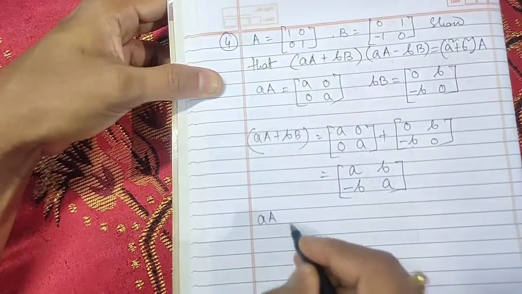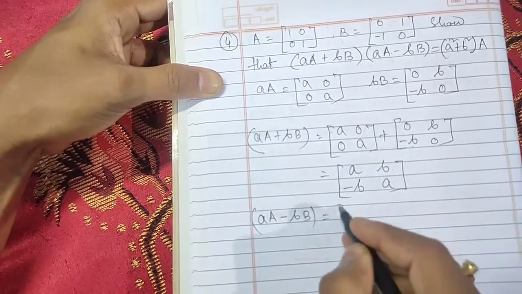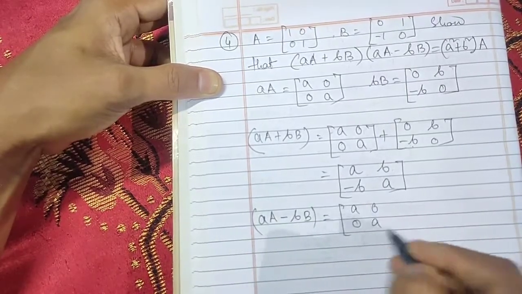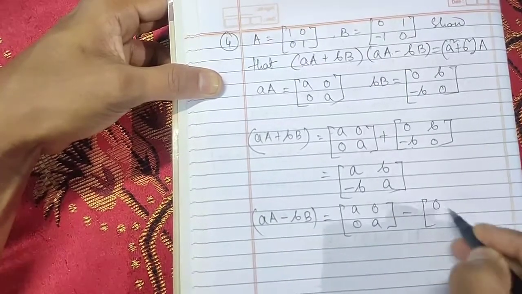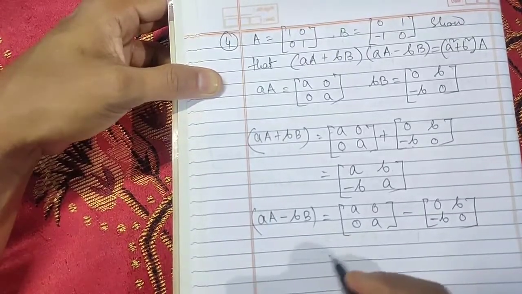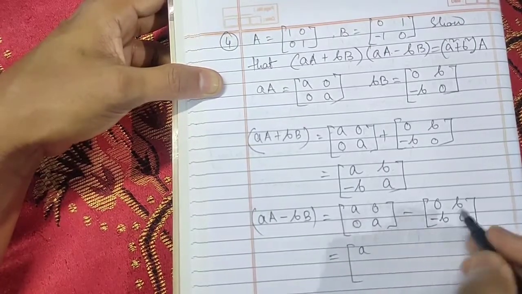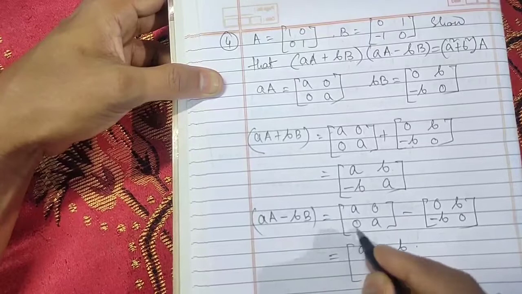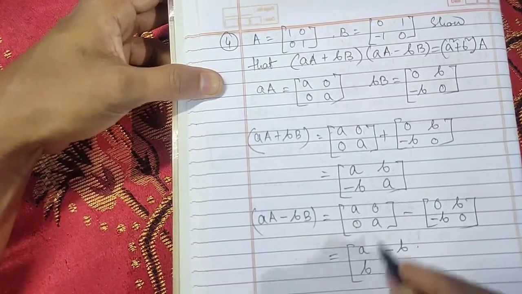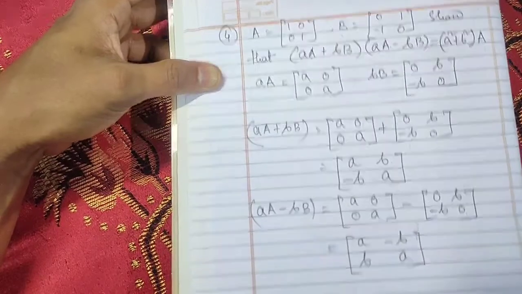So small a capital A minus small b capital B is equal to a 0, 0 a minus 0 b, minus b 0, which is a, minus b, b, a. This value is coming.